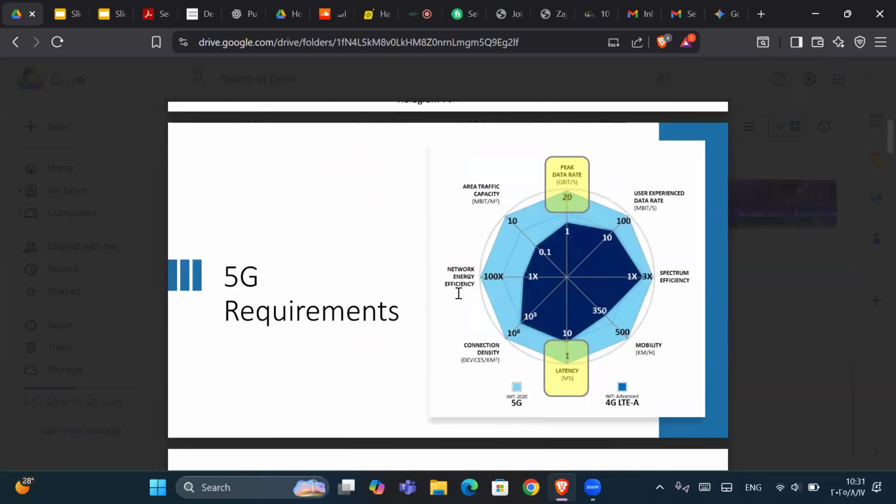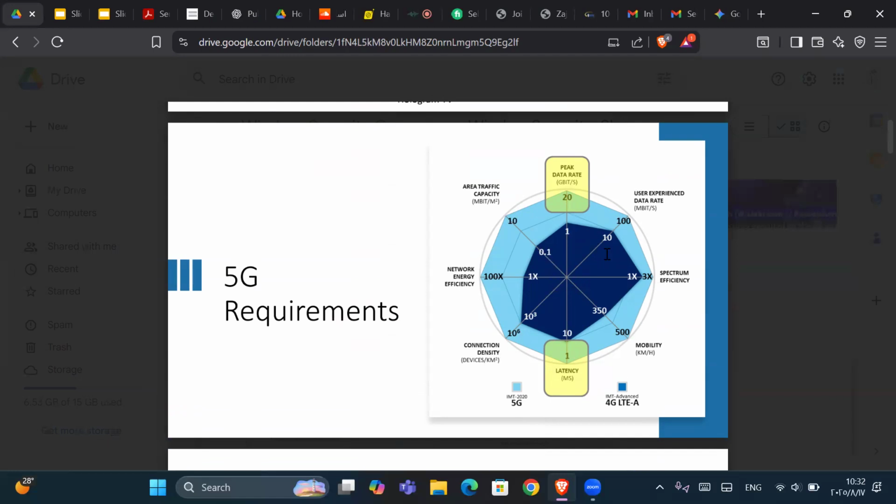So the 5G requirements, what are they? We have mobility, we have latency, we have connection density, we have network energy efficiency, we have area traffic capacity, and we have data rate, peak data rate.